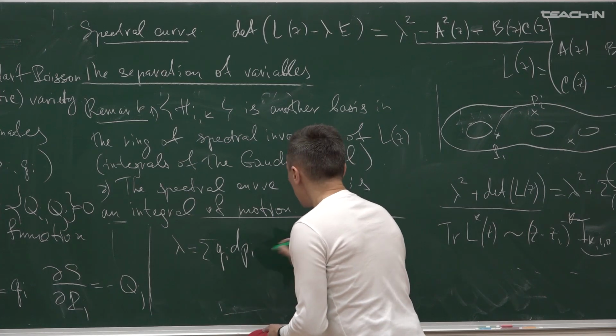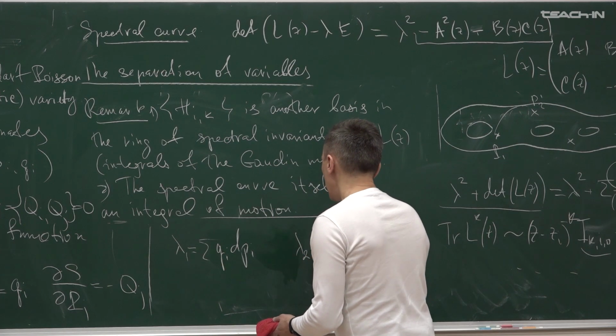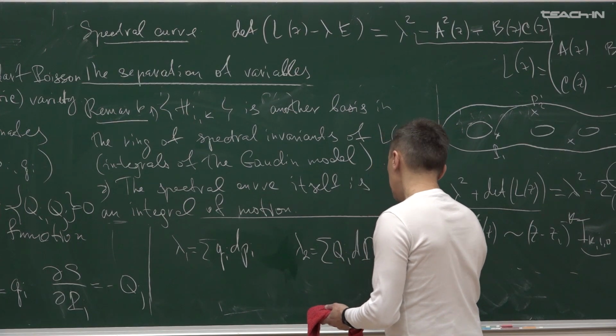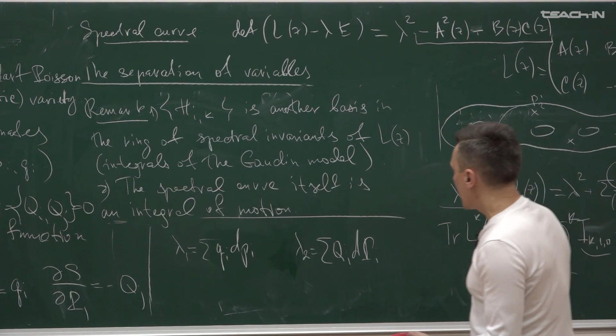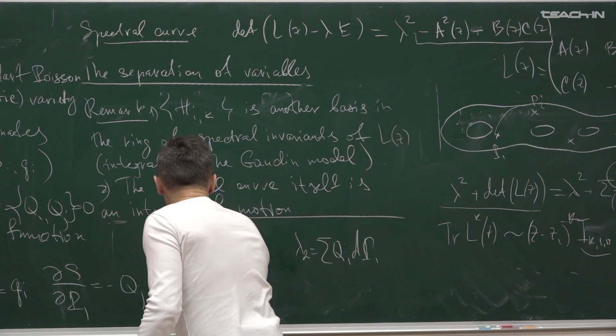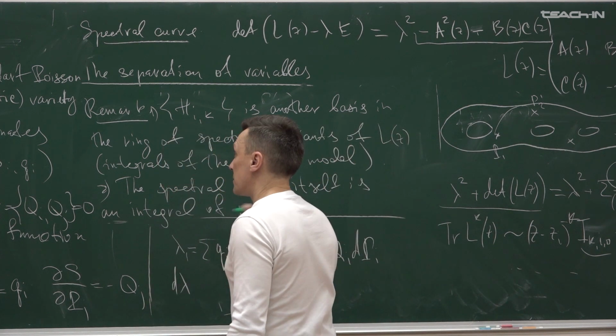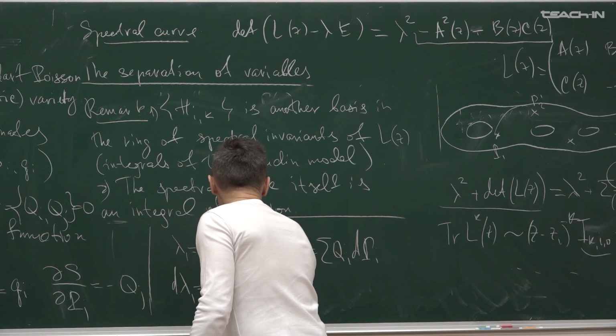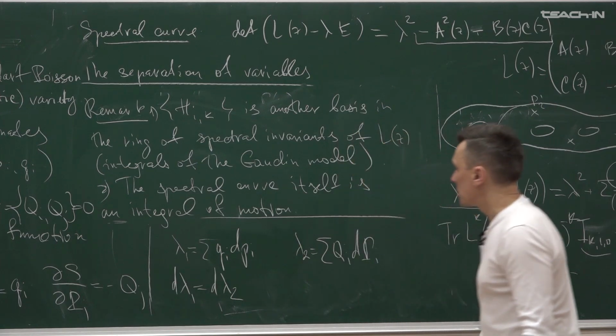And the second one-form, lambda 2, is the sum of Q_i dP_i. The fact that it is a symplectomorphism says that d lambda 1 is equal to d lambda 2.